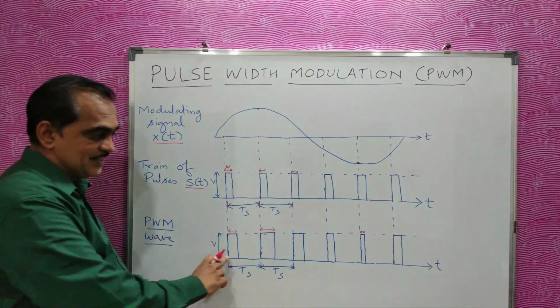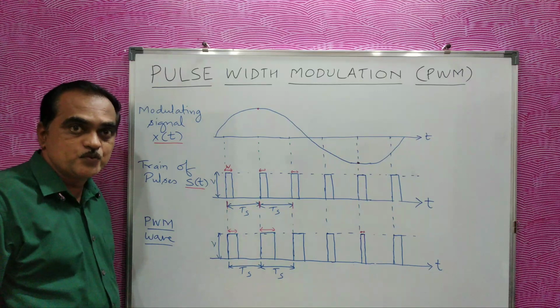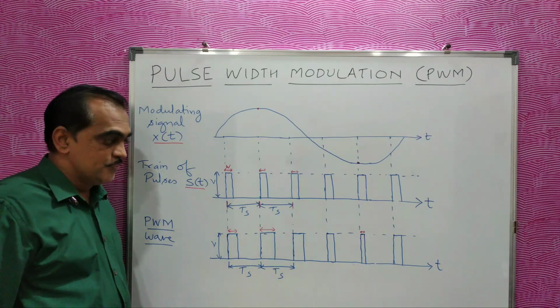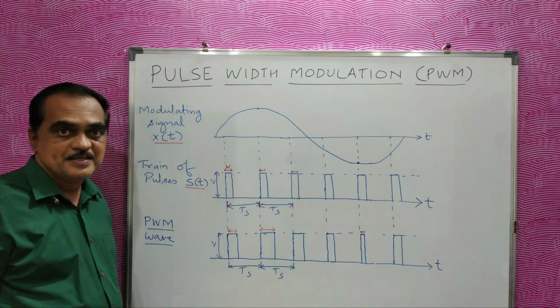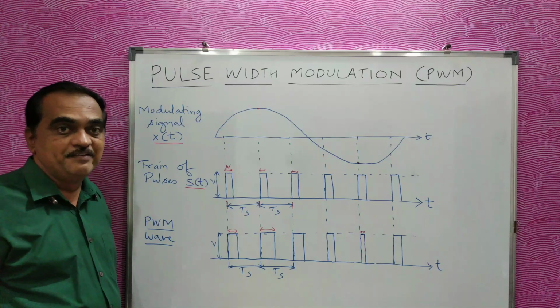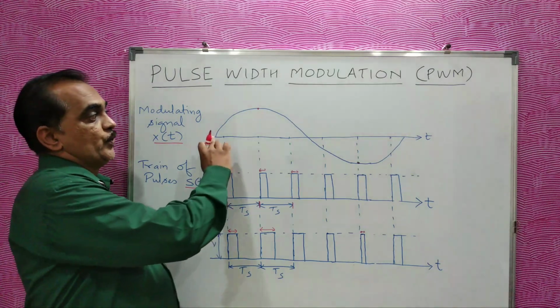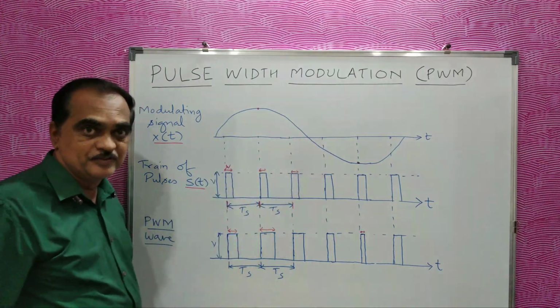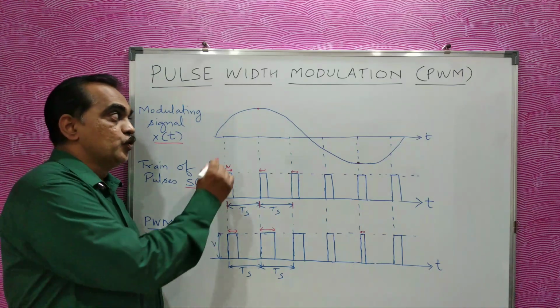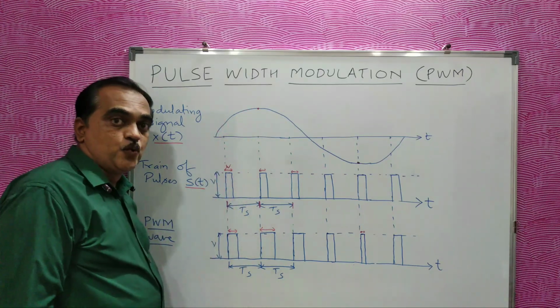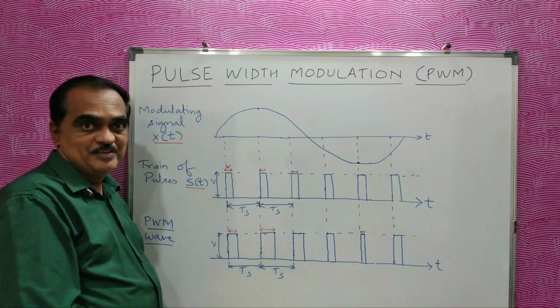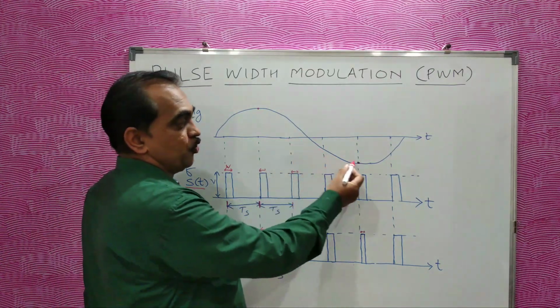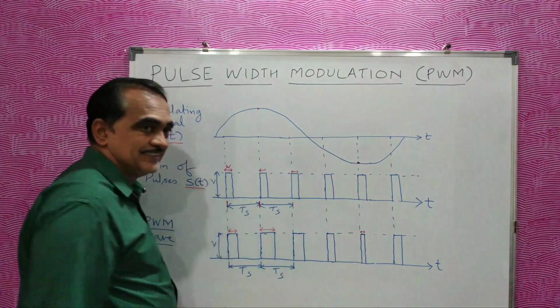So here in this last wave, which is called the pulse width modulated wave, the width of the pulses is increasing or decreasing according to variation in the modulating signal. As the modulating signal goes more positive, the width of the pulse is increasing. As the modulating signal goes more negative, the width of the pulse is decreasing.